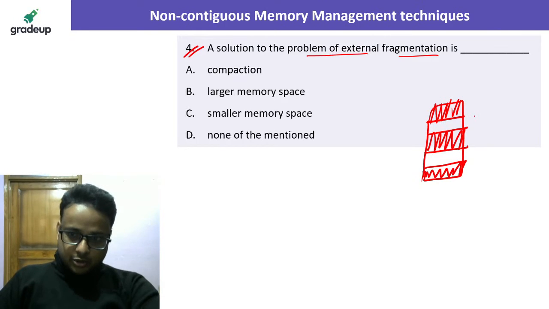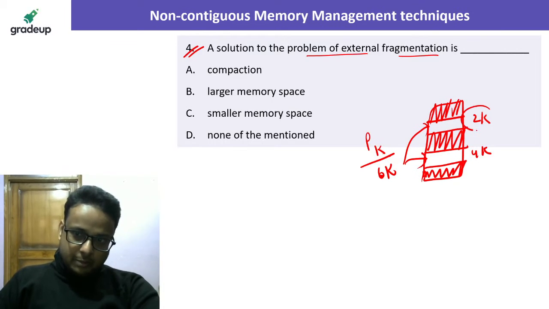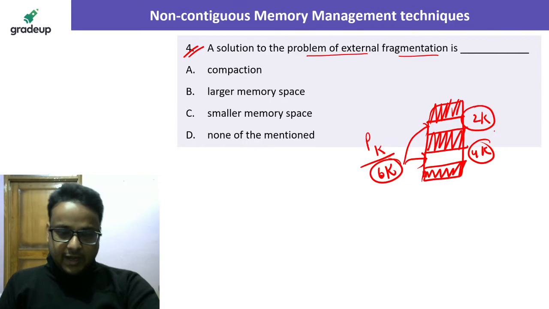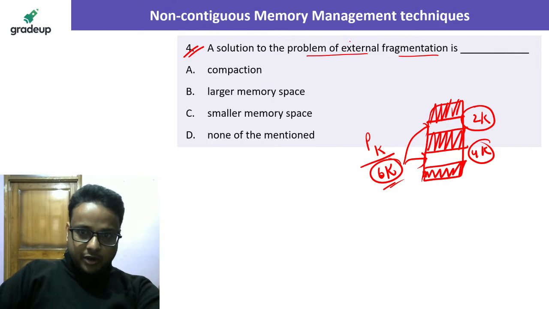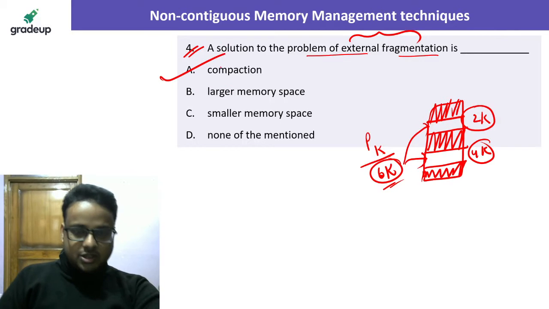Suppose this is 2k, this is 4k. Now I have one process Pk which requires 6k. Now 6k cannot fit completely here and also not here. But if we combine 2k and 4k together, 6k becomes available, right? We add 4 and 2, and it becomes 6k.